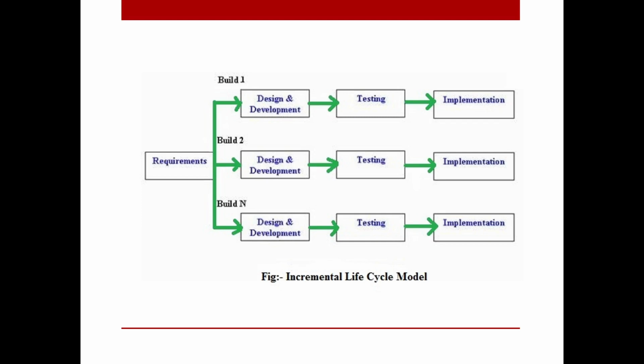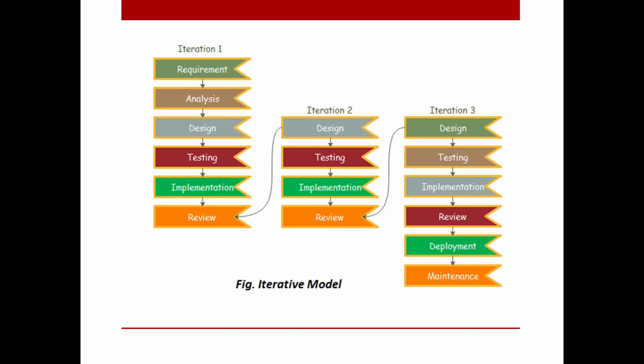Now let us see the next model, that is the iterative model. The iterative model life cycle does not start with a full specification of requirements. In this model, the development begins by specifying and implementing just part of the software, which is then reviewed in order to identify further requirements.